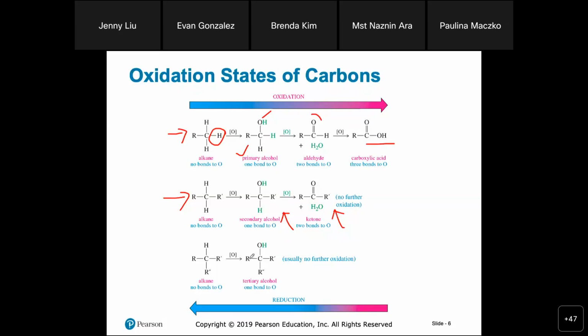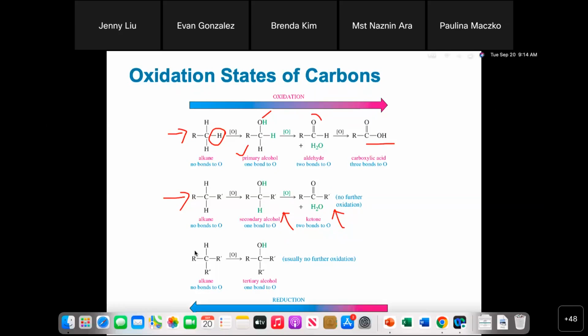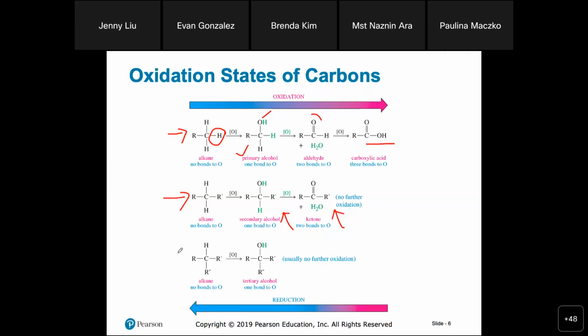But if you look at the tertiary alcohol, normally, to some extent, bigger alkyl groups sometimes don't allow much oxidation.